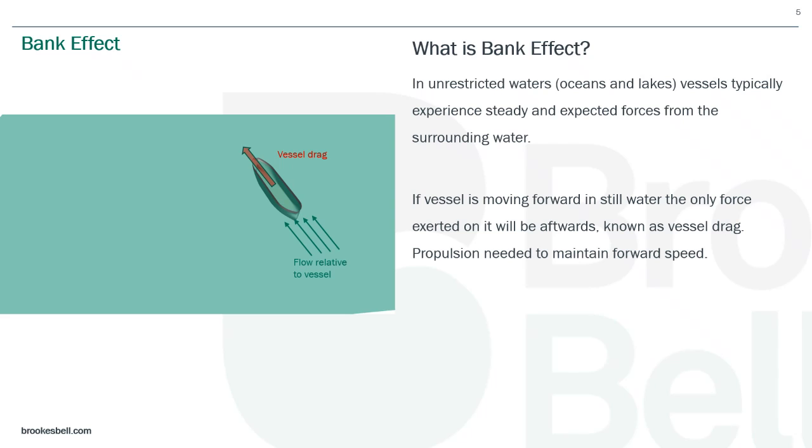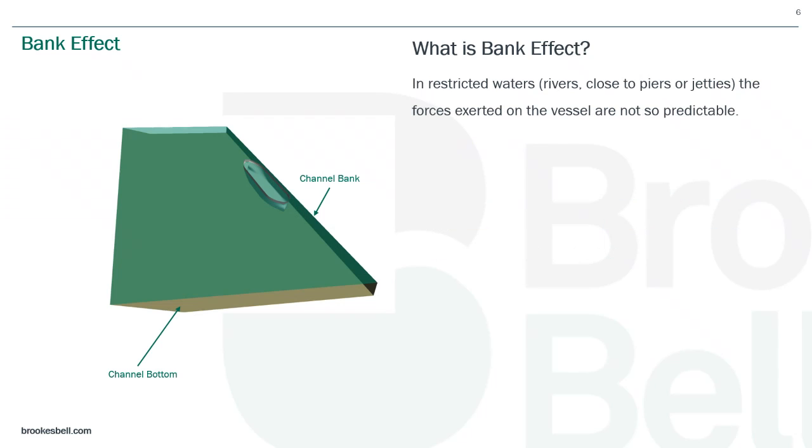For a vessel moving forward in open water, because of your relative flow to the vessel, you only really have vessel drag acting to push that vessel back. But this is very predictable, very steady, and to counter that, we just apply a propulsion force to maintain your same forward speed. These are typically your only forces involved.